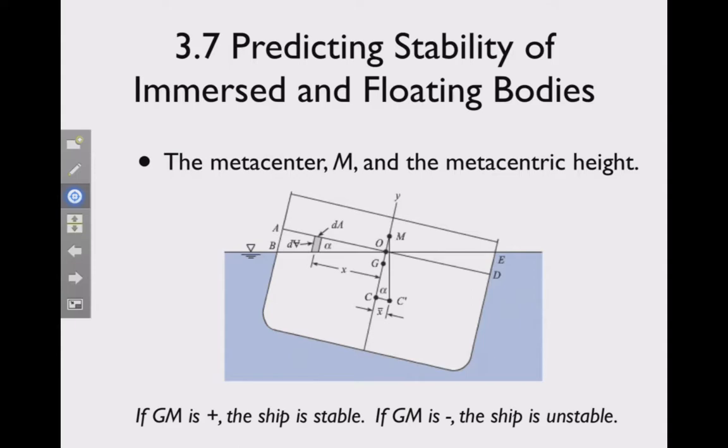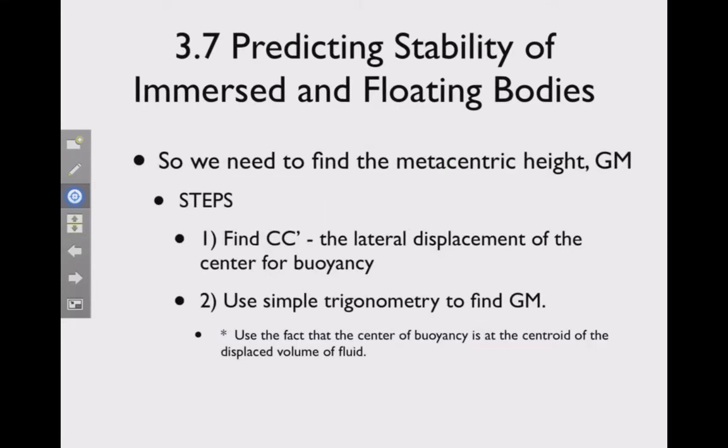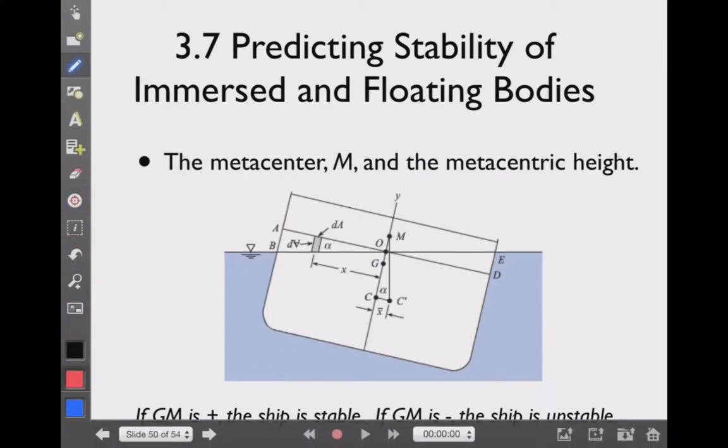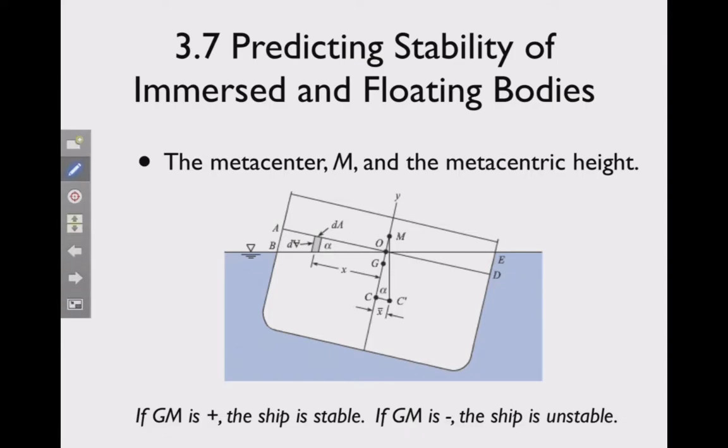And so let's go ahead and look at the steps that the book describes for how to calculate this. The first step will be to find this distance C prime, which is the lateral displacement of the center of buoyancy. So if we go back to the figure, we're going to be focusing on finding this distance right here.